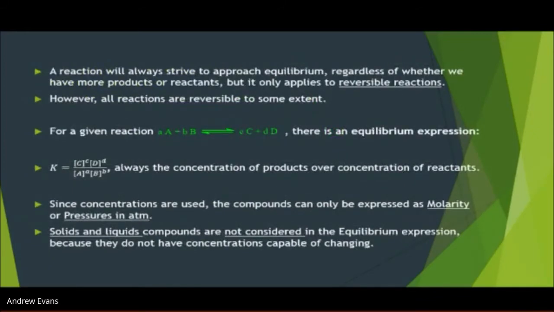Now, a reaction will always strive to approach equilibrium, regardless of whether that means more products or more reactants. While this only applies to reversible reactions, all reactions are reversible to some extent. Even ones that go to near 100% completion are reversible.